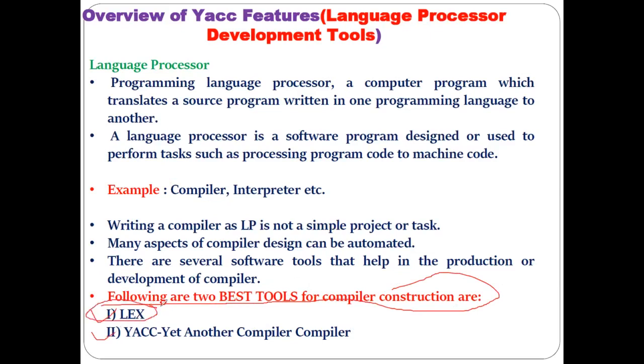Already regarding LEX, every detail we have discussed. Understood? How to write the LEX program, the format of writing it, what the different sections are, how to write the LEX specification, the translation rules and the user functions, and then how to compile that LEX program using the LEX compiler and generate lex.yy.c.